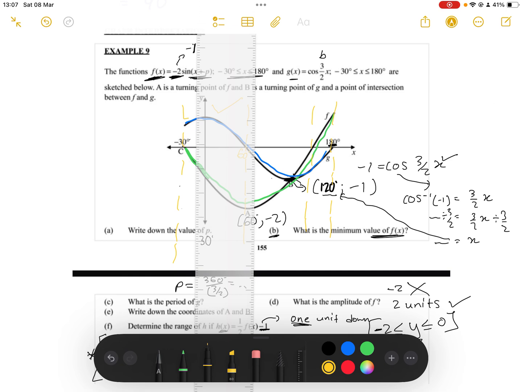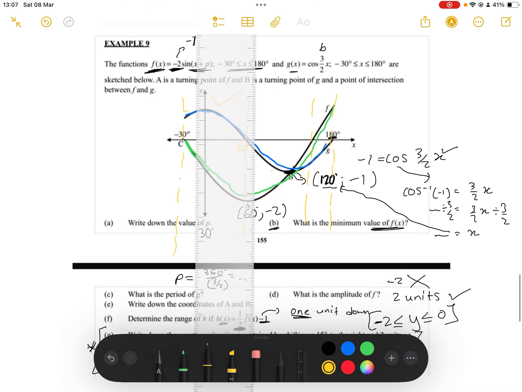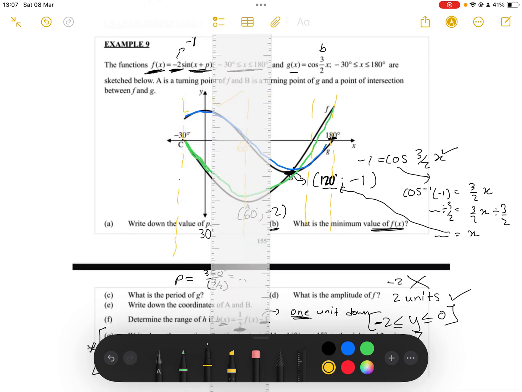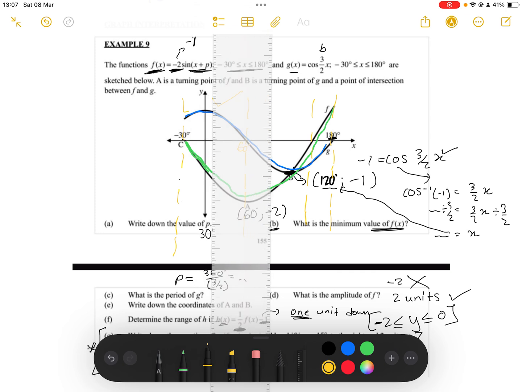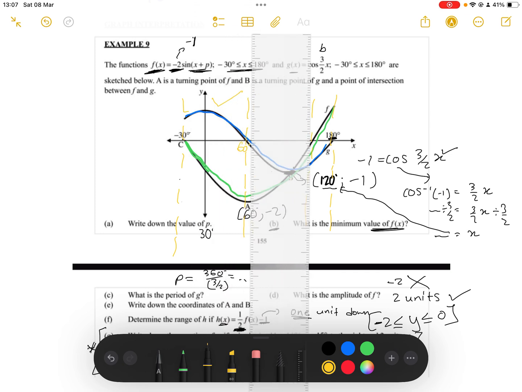So we do not want this section from after 60 to about 150, I think.